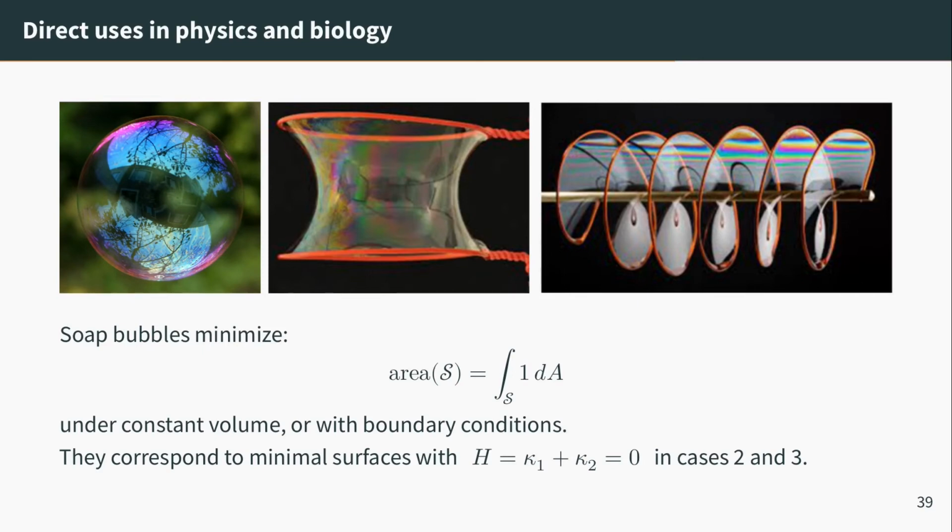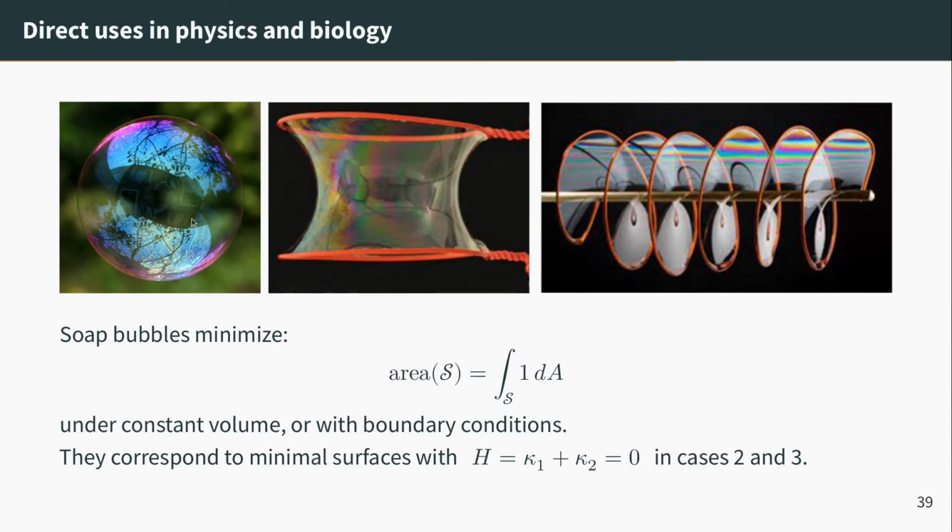For instance, let's look at what we call the Plateau problem, trying to understand the surface of soap bubbles. If you do the math, or basic physics modeling, you see that a soap bubble tries to minimize the area, under some constraints.